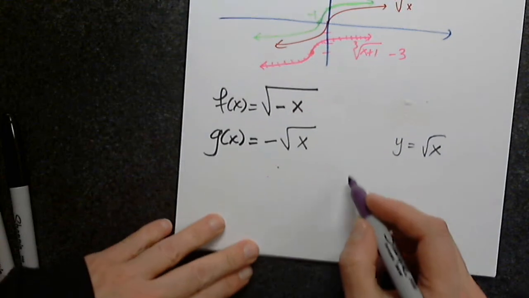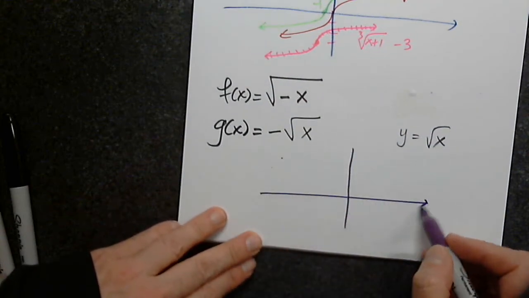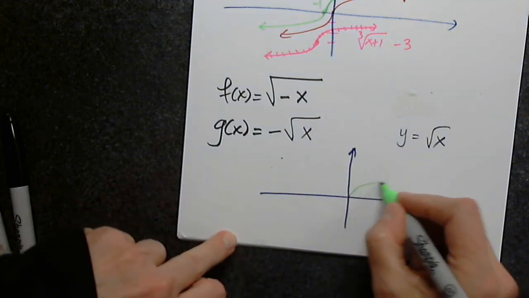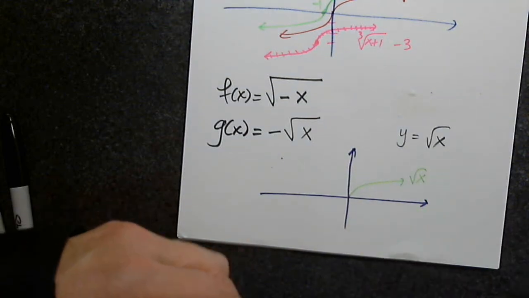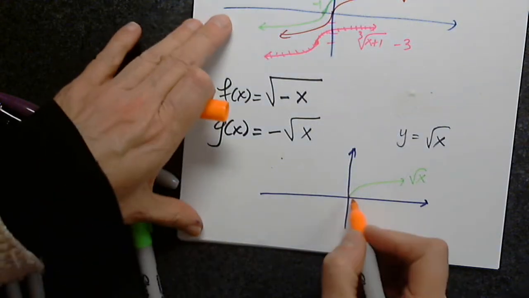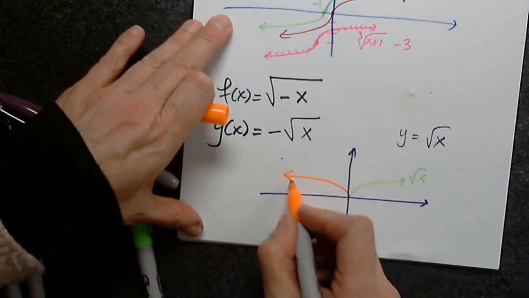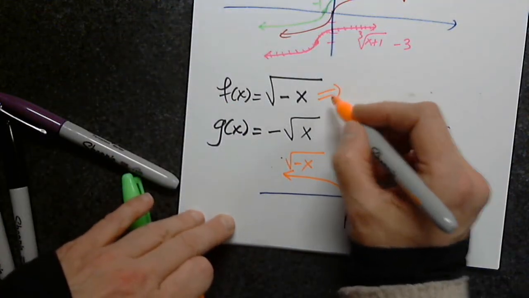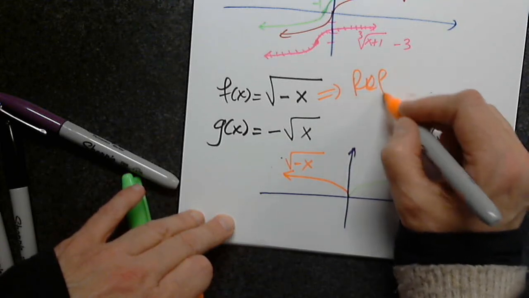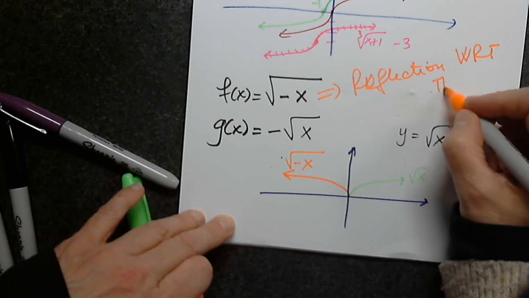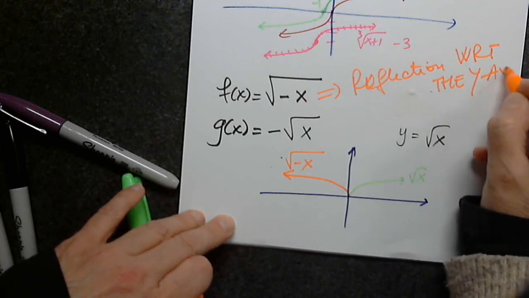So here's the graph of the square root of x. And here will be the graph of the square root of negative x, which is a reflection with respect to the y-axis.